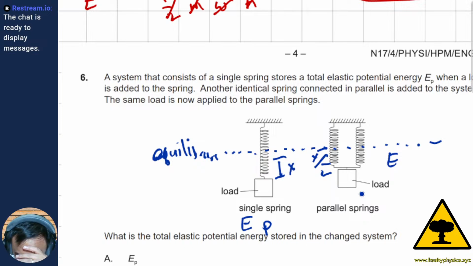Because of this, each spring in parallel is stretched by x over 2.